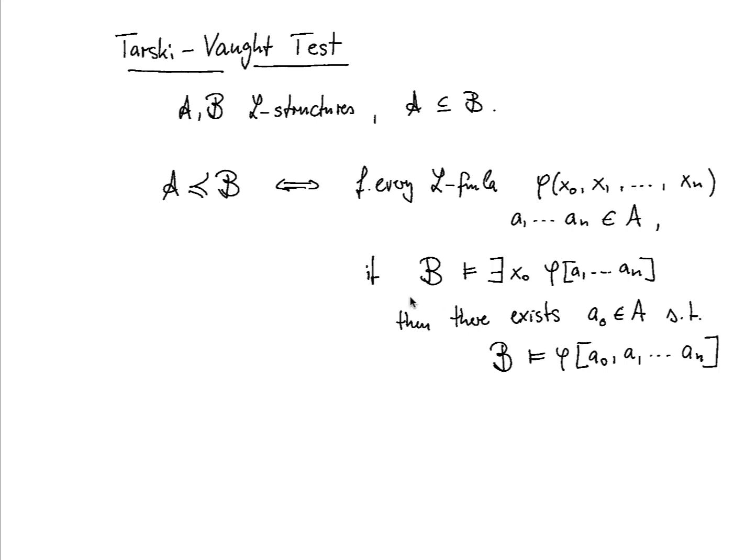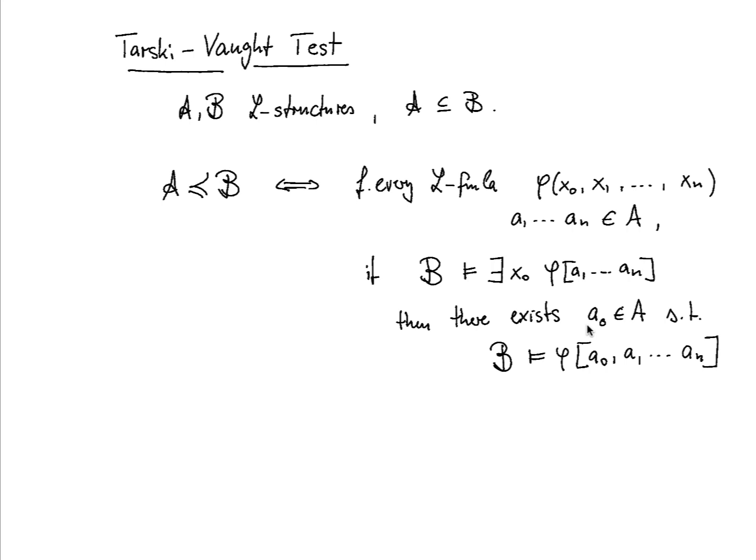So when checking for being an elementary substructure, we can actually restrict ourselves to just checking this witness property for existential sentences or formulas.